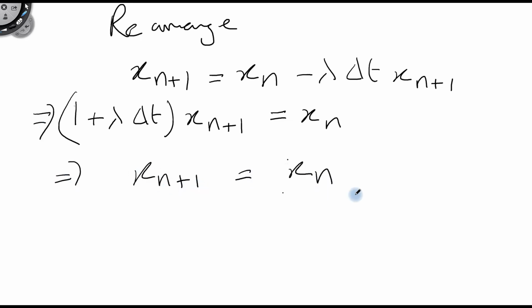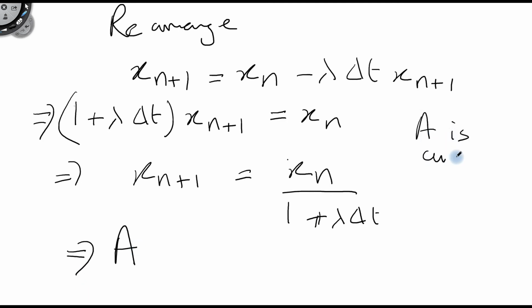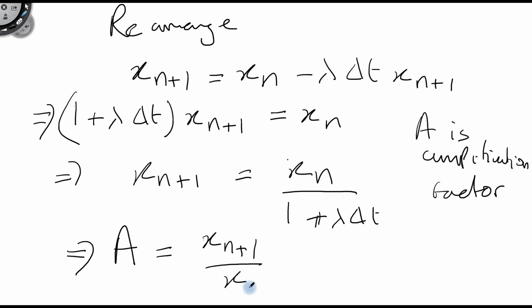So one more step, 1 plus lambda delta t. This gives our amplification factor. A is the amplification. And remember, with the exponential decay case, it's real, we don't have to worry about complex numbers, A is x_{n+1} divided by x_n, which is 1 over 1 plus lambda delta t.